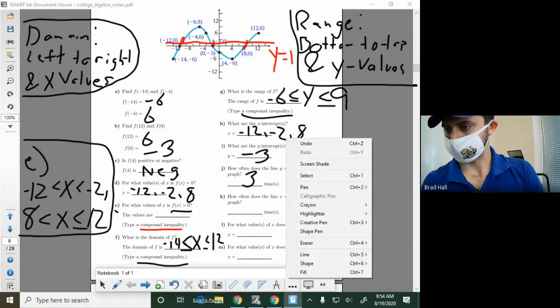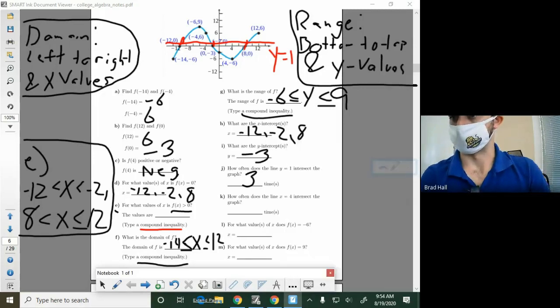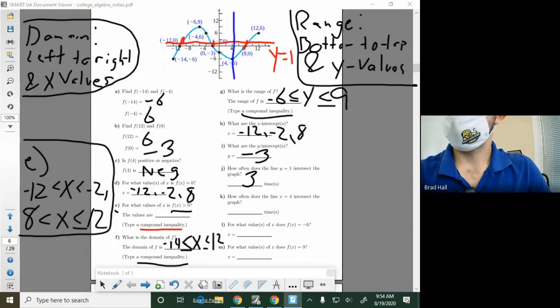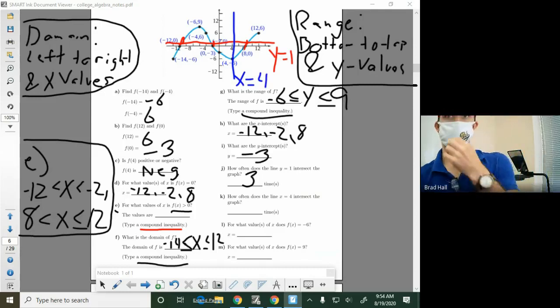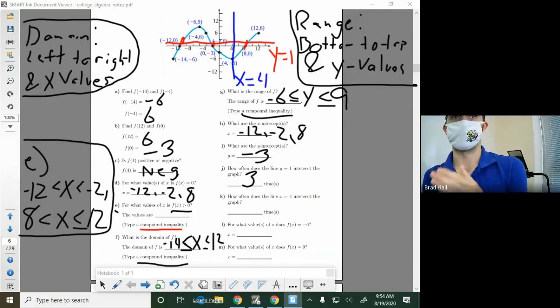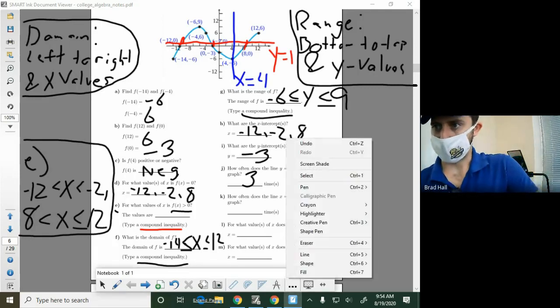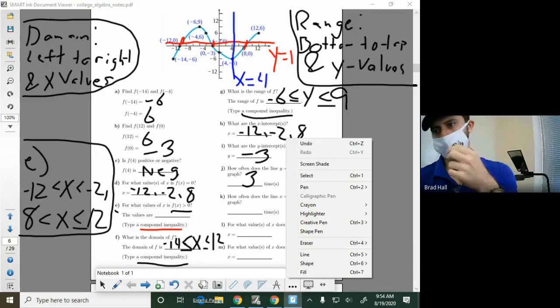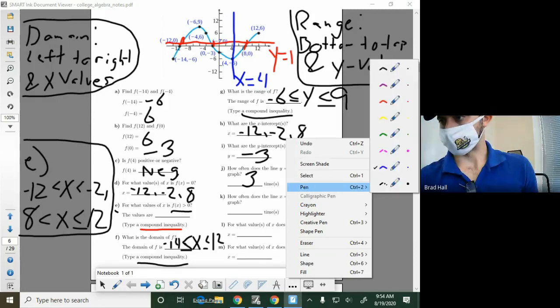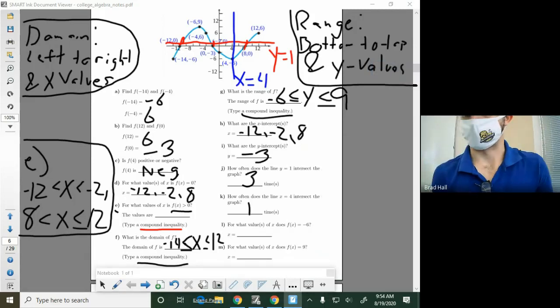So in red, again, actually I'll do this in blue. That is x is equal to 4 because it passes through the x-intercept at 4 for x. And how many times does that blue line intersect the original graph? Just one time.